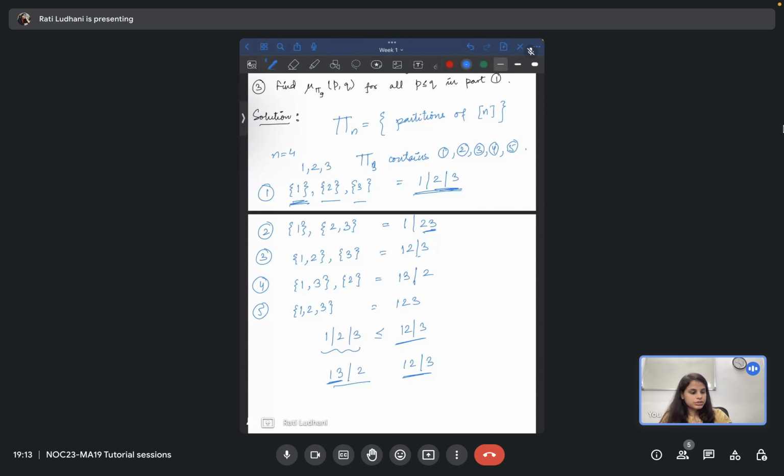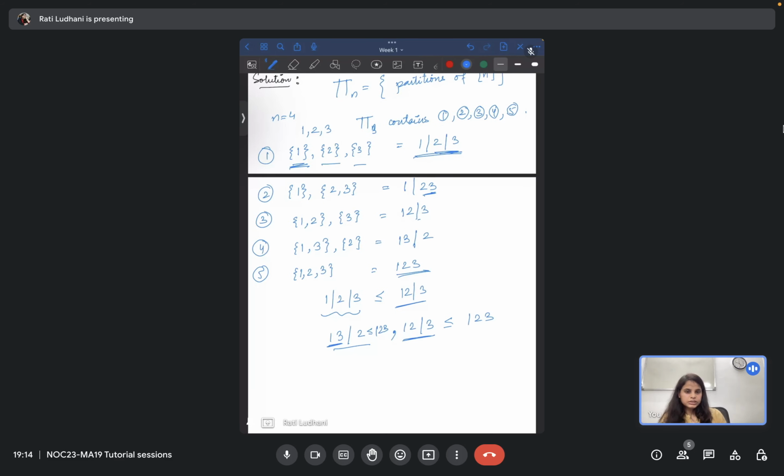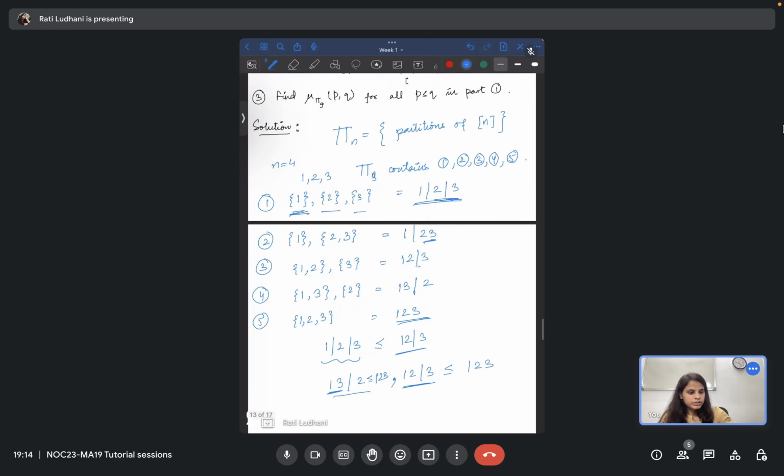So there is no relation. The left side one should be a refinement, then only can we have the relation. So here 123 will always be on the upside. I hope this relation is clear, because if this is clear, then we can move forward.